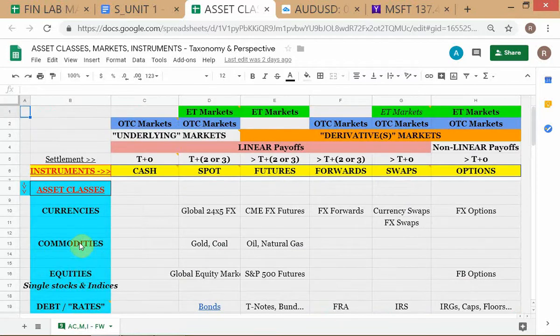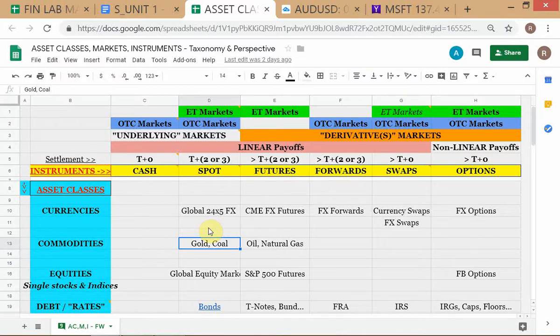Gold is a commodity, and this is the OTC spot market for gold, so this goes here. There is also a fairly developing market in coal. Coal you can also put here. Coal is a commodity, and there is a spot market for coal. So that's a commodity that goes into this box, at the crossing of commodities and spot. Are you able to follow what's going on here in this framework?